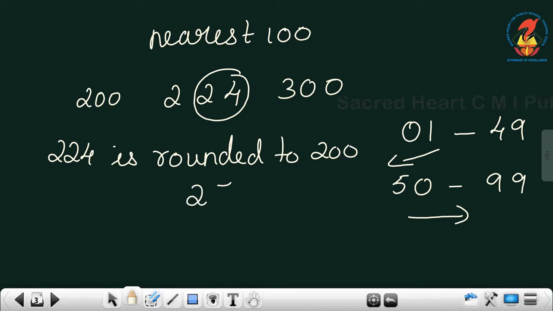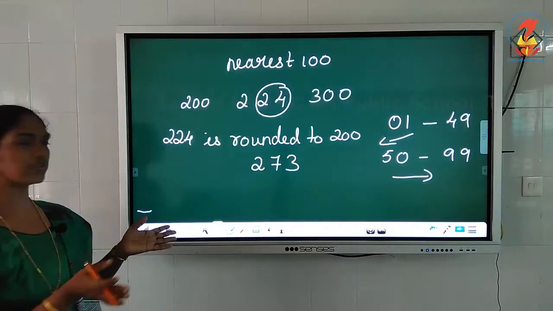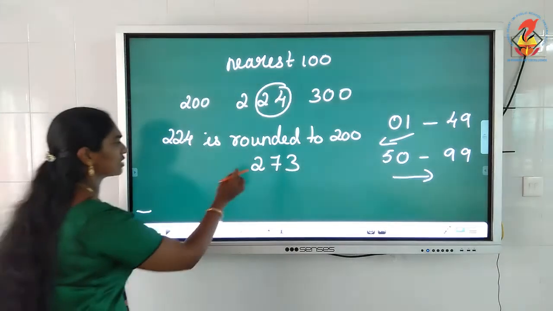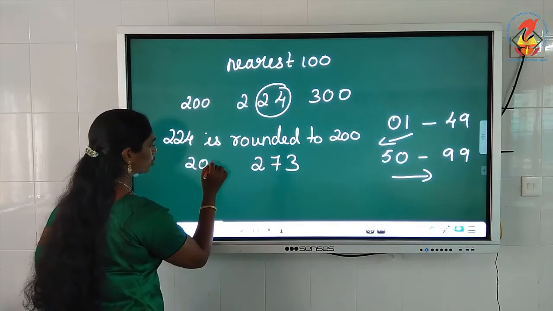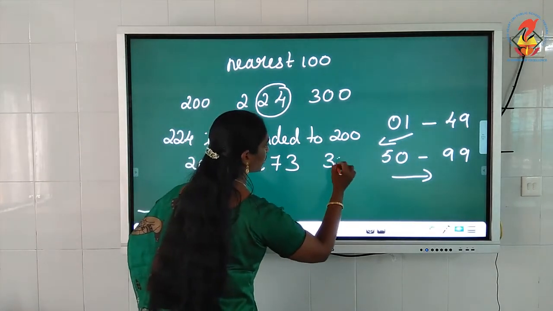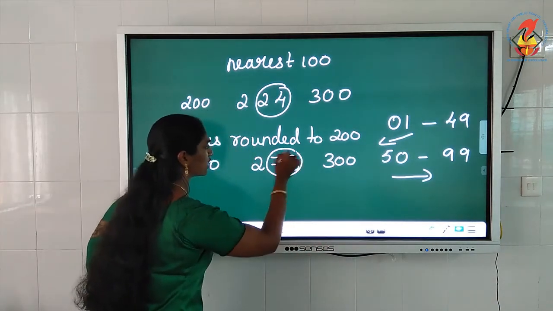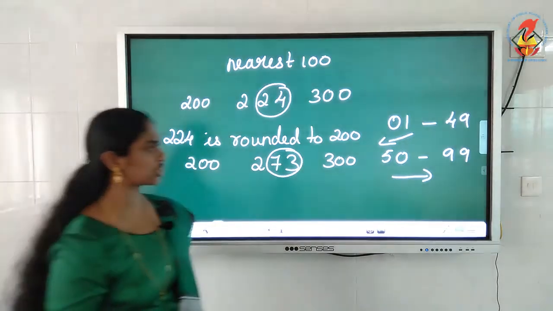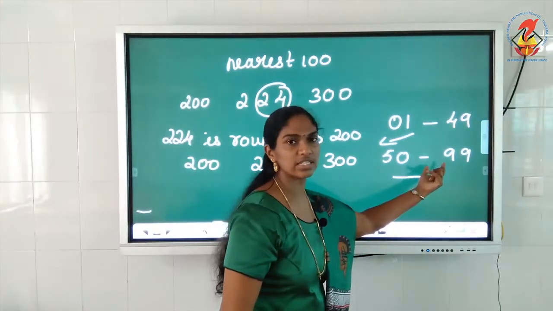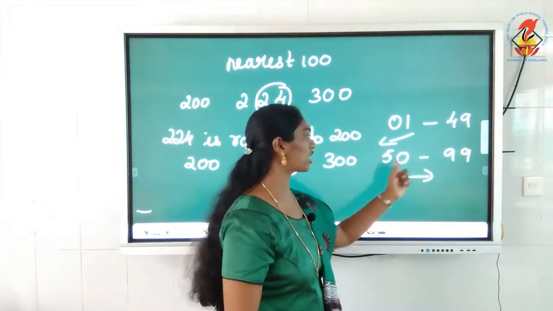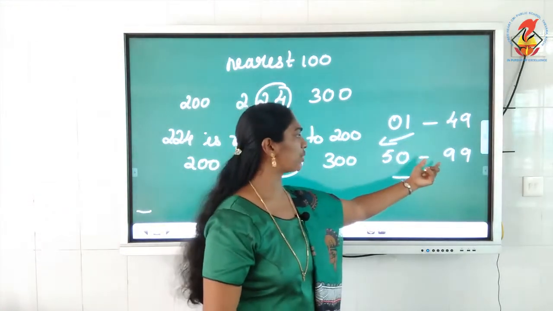Same. 273. Again, first you find out which two hundreds 273 comes between. As I told you, take 2, you get 200. The next 100 is 300. Okay, children? Now you will take the last two digits, 73. Which section does 73 come in? 73 comes after 50, right? So, it is in this section.